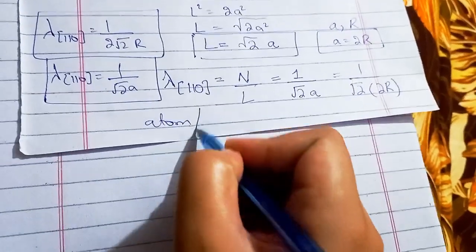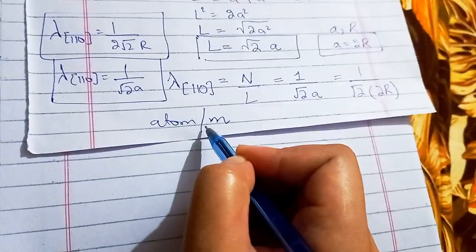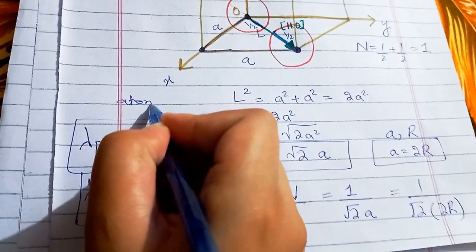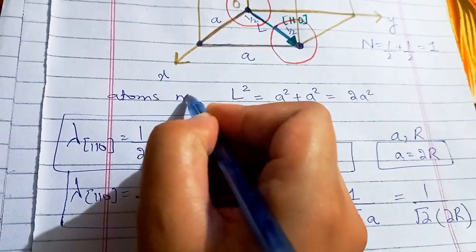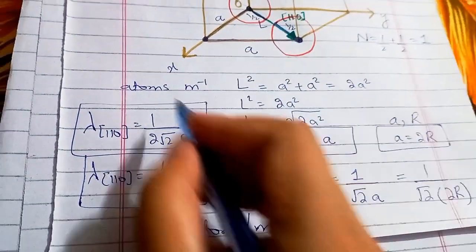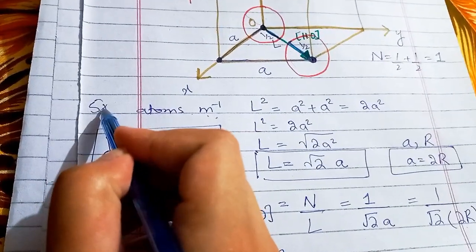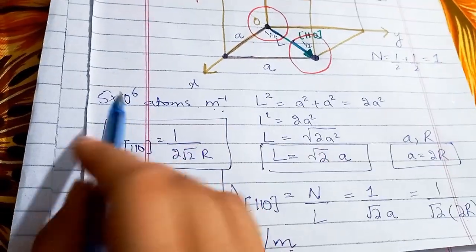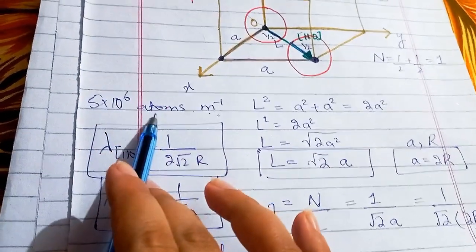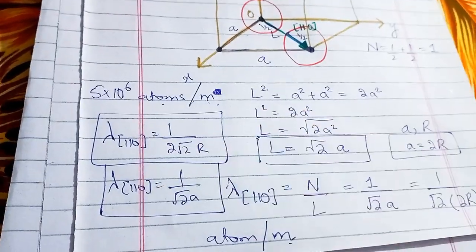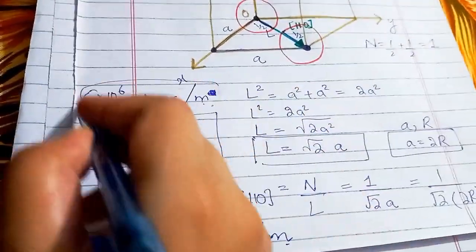Units are again atoms per meter. By slash we mean that it's in denominator, or you can simply write atoms with a space per meter. Space is needed to differentiate that they are separate terms. Okay, so for example, you get 5 multiplied by 10 to the power 6 as the linear density. You'll write units as atoms per meter or like that. Okay, this is how you'll write it.